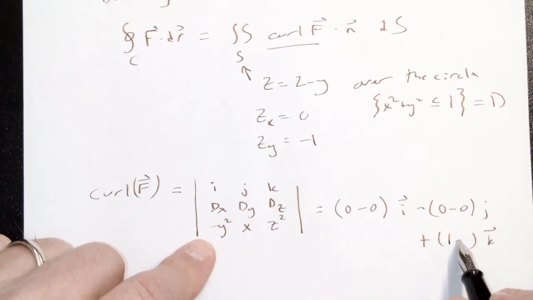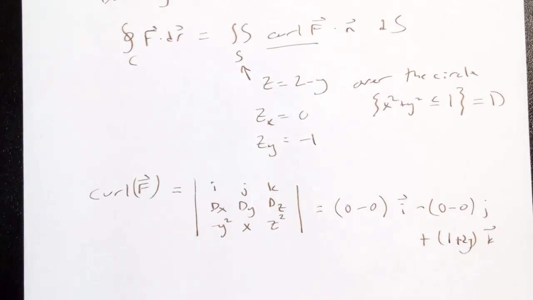But I'm already subtracting, so that becomes plus 2y, because it's AD minus BC.